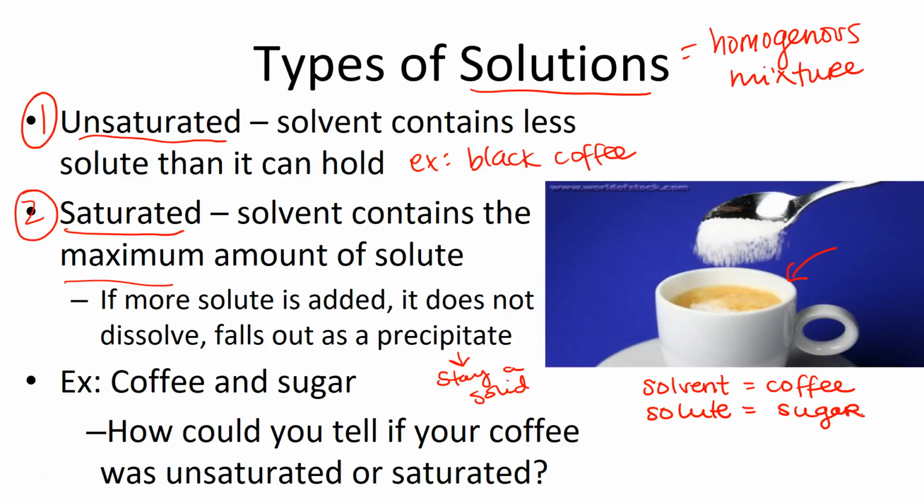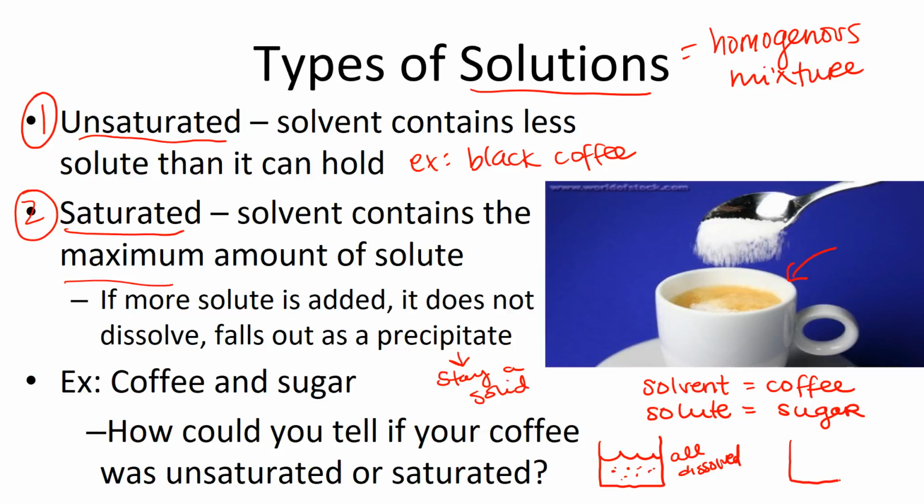Now, if I want to know how I could tell if my coffee is unsaturated or saturated, well, if I have my coffee cup, it's got some coffee in here, and I dissolve some crystal pieces, well, if they all dissolved, then that means it was unsaturated. I had not reached the maximum yet.